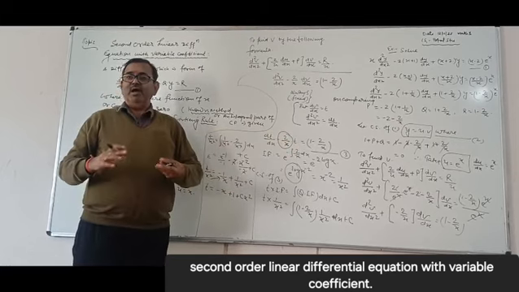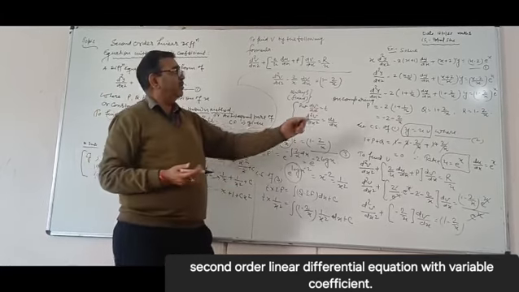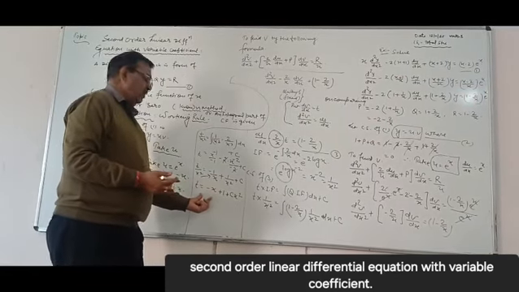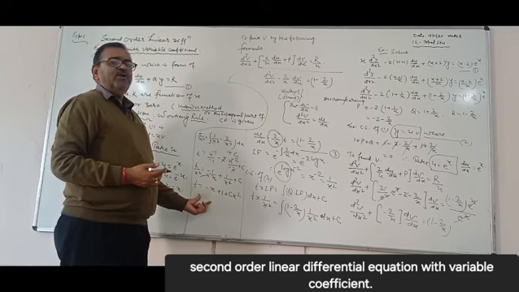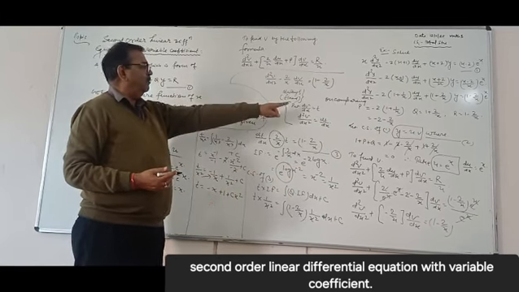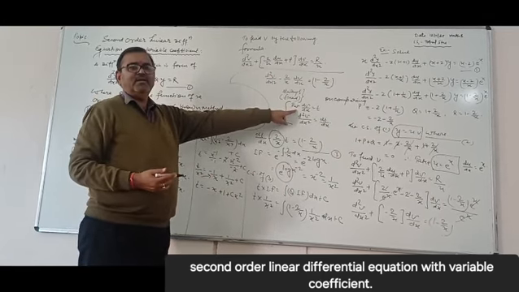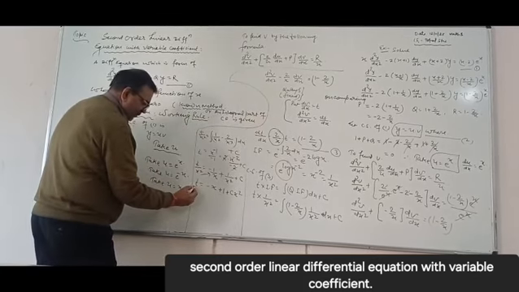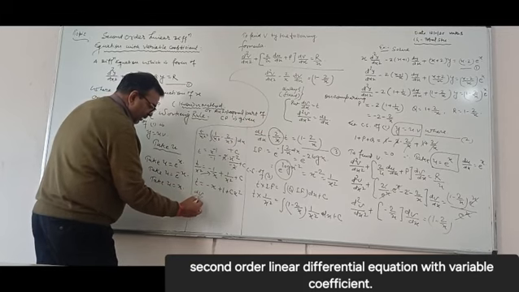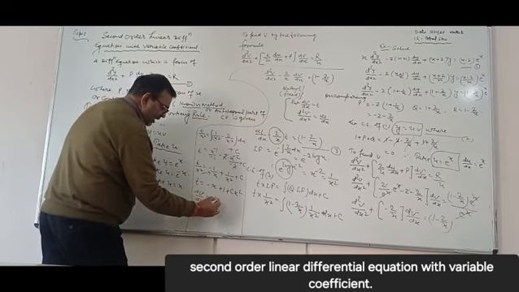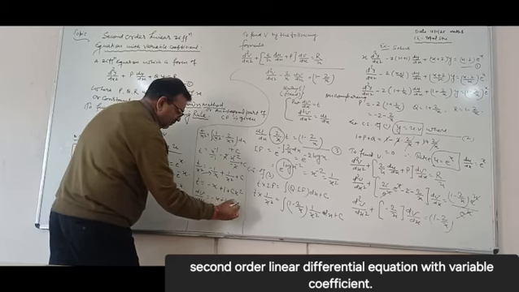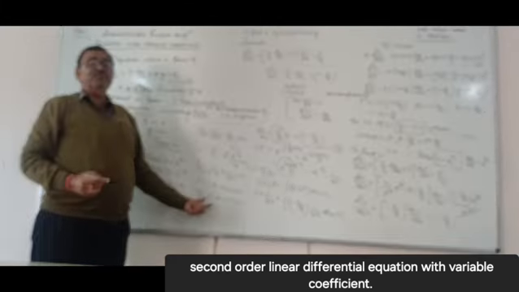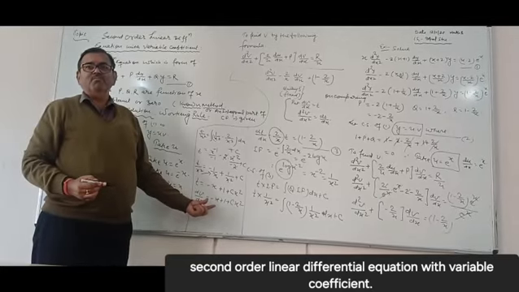But here we want the complete solution of equation 1. So now return the value of t. What is the value of t? t is dv/dx. So here we replace t by dv/dx: dv/dx = −x + 1 + cx². It becomes variable separation form.